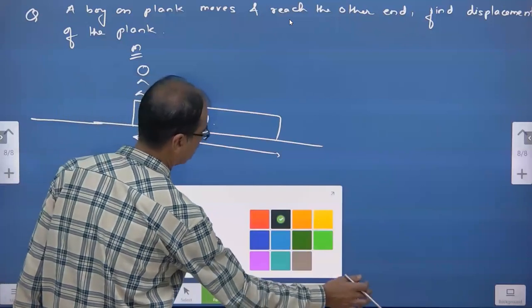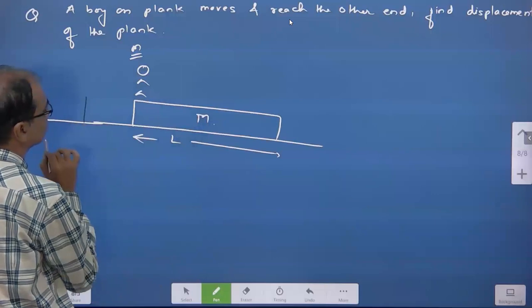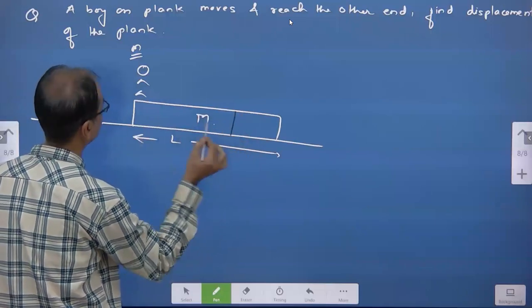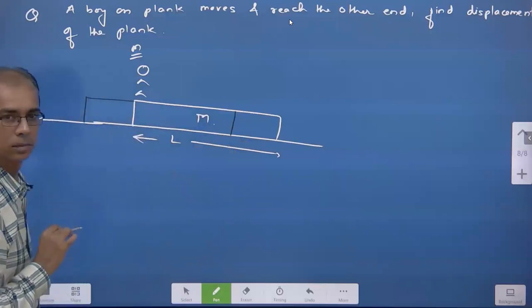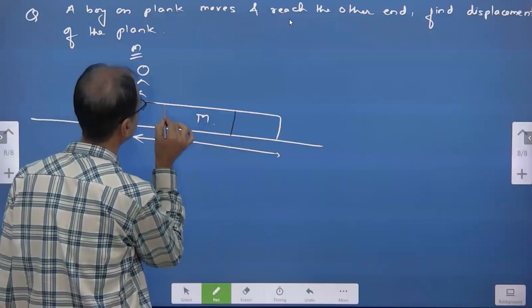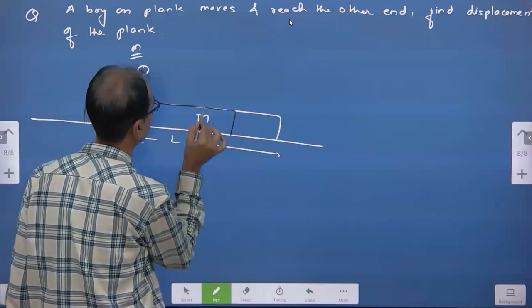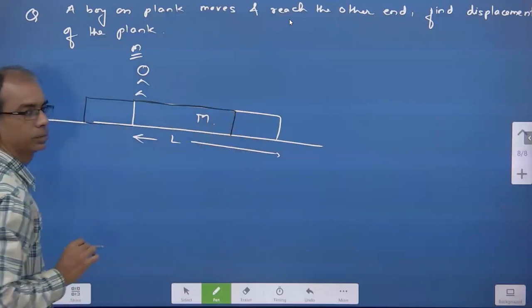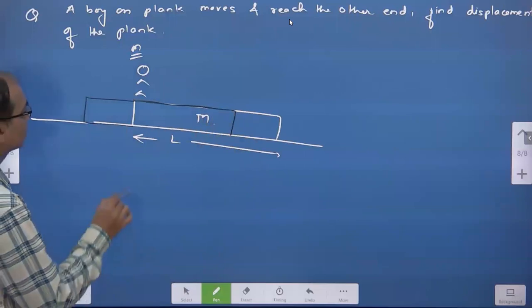So let's take the help of the black color. Visible? Yes, sir.